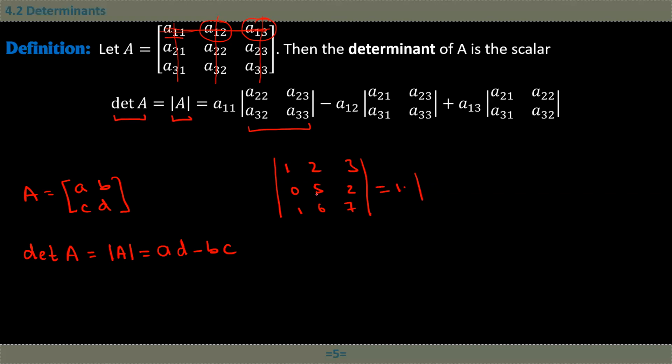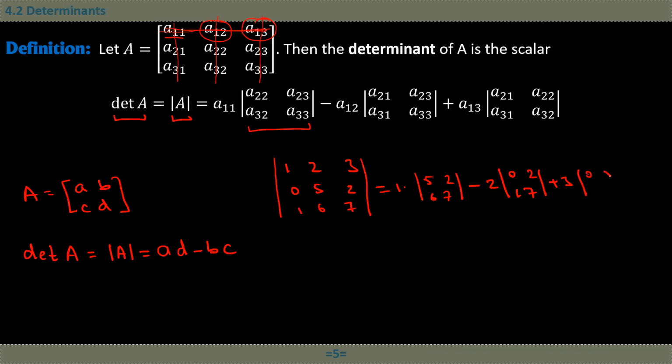What do we have here? 5, 2, 6, 7. Now it is minus. The second component is 2. Delete the column that contains 2 and the row that contains 2: 0, 2, 1, 7. And here we have plus. The third component is 3. Delete this column and this row: 0, 5, 1, 6.